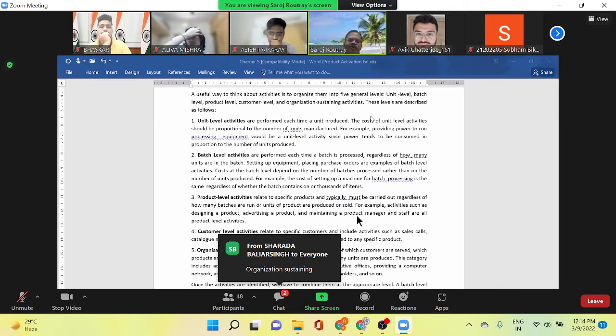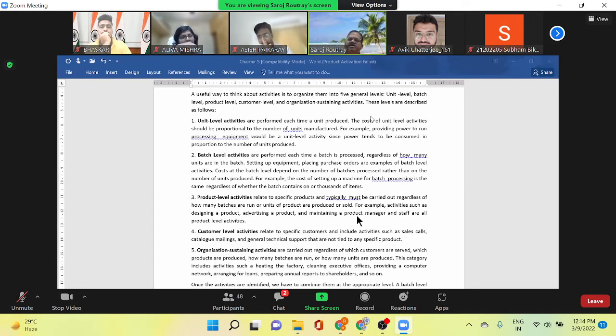It is not unit level, it is not batch level, it is not product level, it is not customer level. But if a customer demands, for example, one American company asks us to develop a particular type of test tube, right? So we develop it for them.